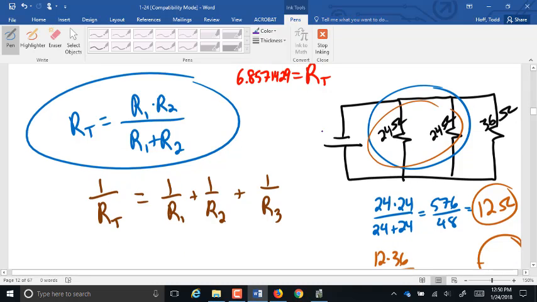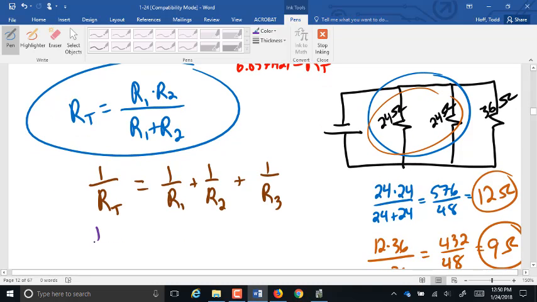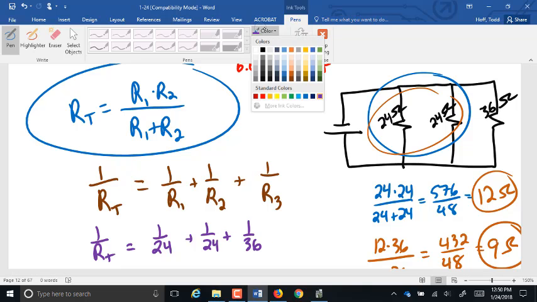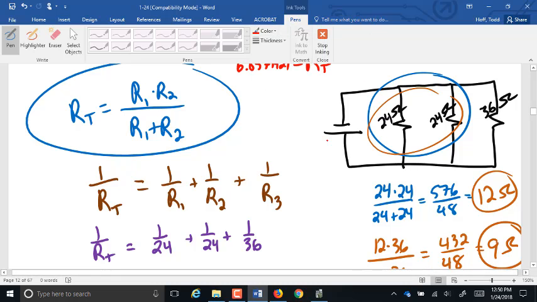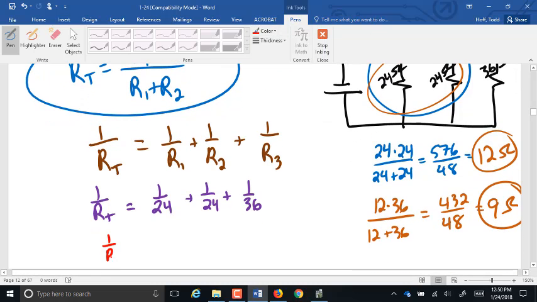Okay. So now we can put in our resistors there. 1 over RT equals 1 over 24 plus 1 over 24 plus 1 over 36. We need a common denominator, which is going to be 72.